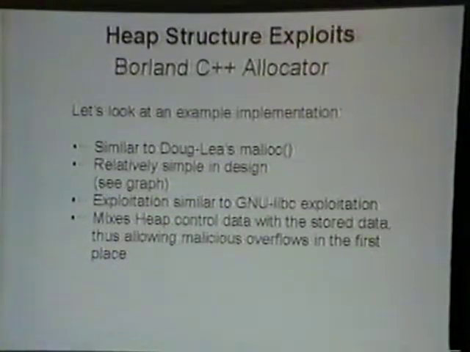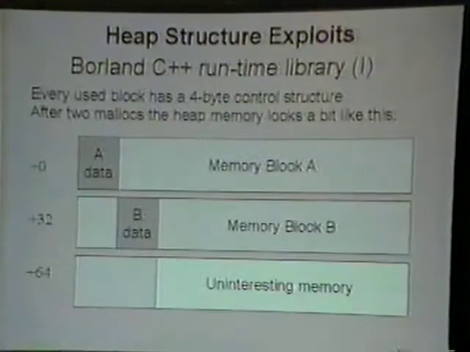So you don't have the mixing of allocated space, control structure, allocated space, but just allocated space, allocated space, allocated space, which makes it pretty much impossible to exploit these kinds of things. So it would be considered one of the less secure algorithms for heap implementation, for various reasons.